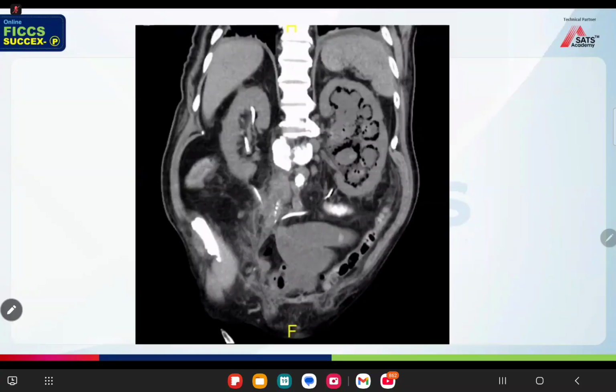I'm not sure that it is emphysematous pyelonephritis. Why not sure? Because there is air also. So these are airs, yes. Emphysematous pyelonephritis could be there.